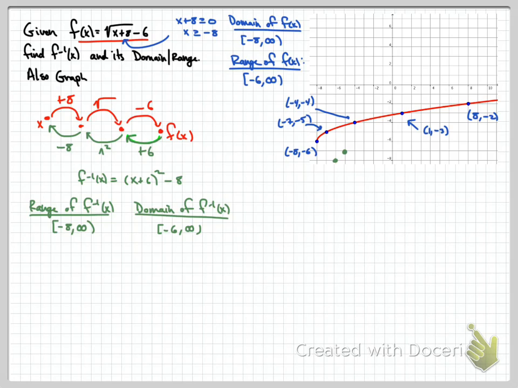The point -4, -4 should stay exactly where it is. Awesome. We should have -3, +1, and maybe -2, +8. Oh, I think that's going to go off of the graph, alas. And so we've got a sketch of our inverse function here.